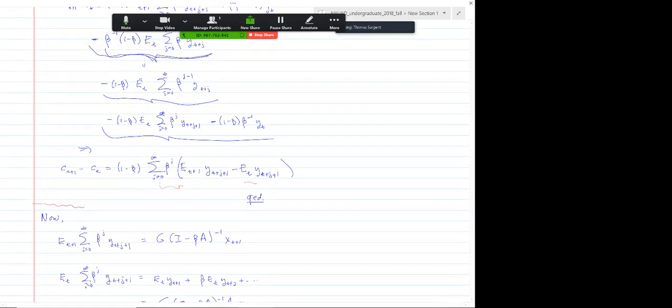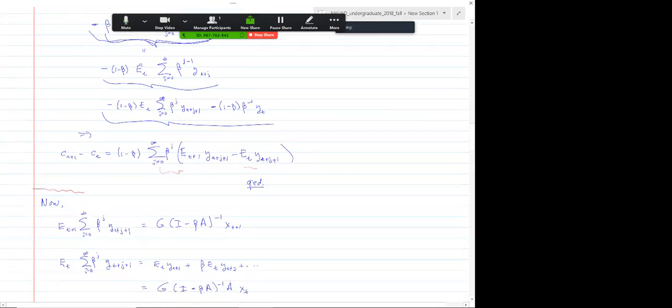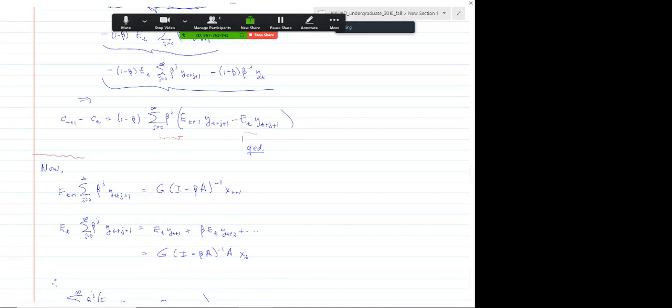So just remember, E_t+1 summation j equals 0 to infinity, beta to the j, y_t+j+1 is just this. It's G (I minus beta A) inverse, that came from the beginning, x_t+1. So that's what this is.